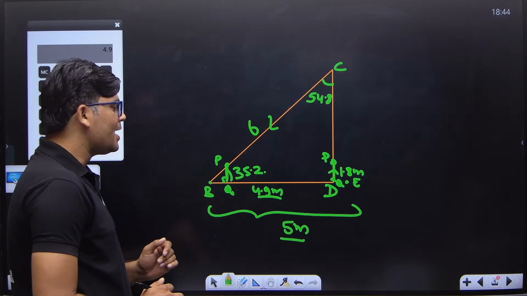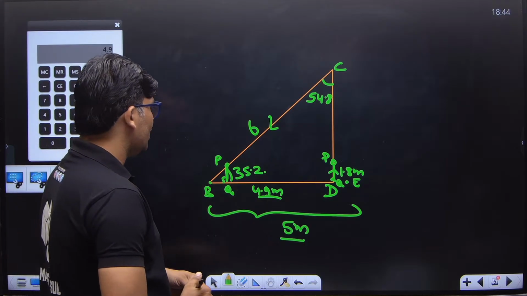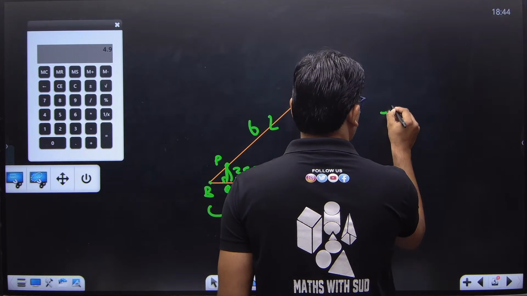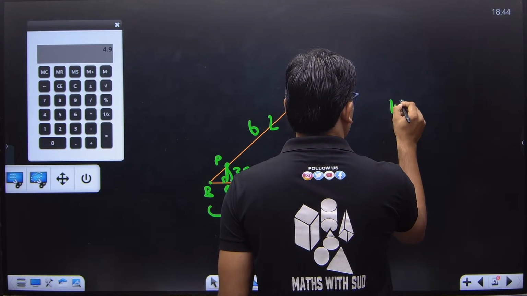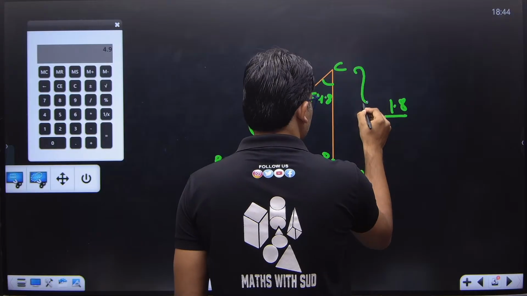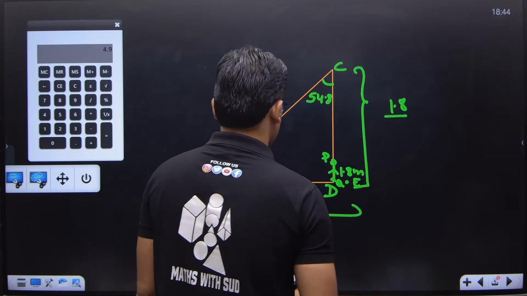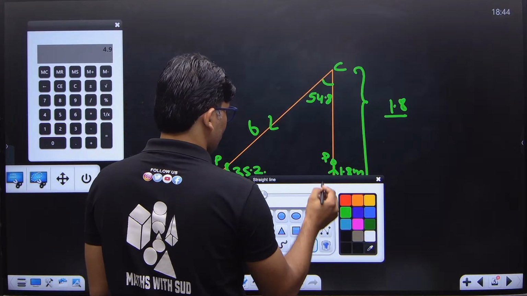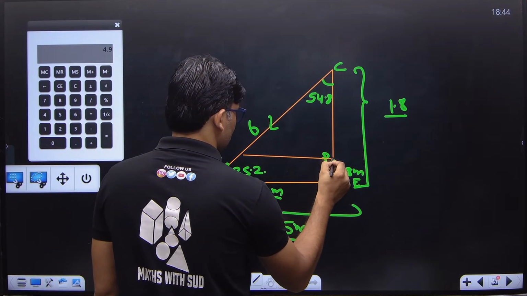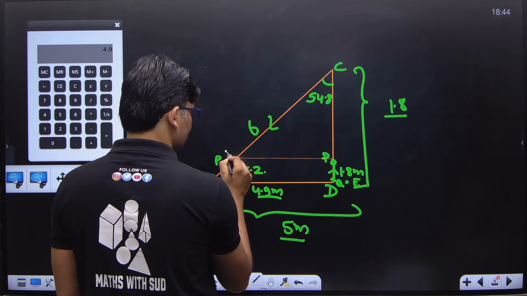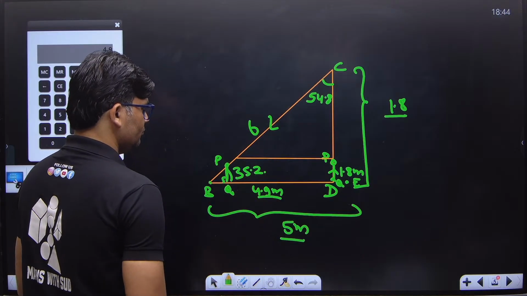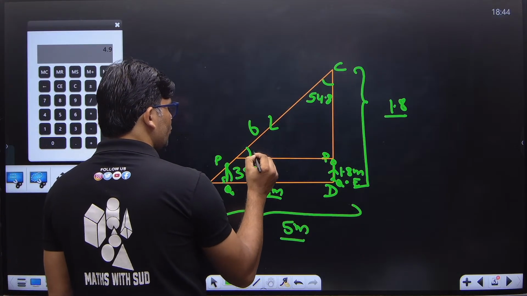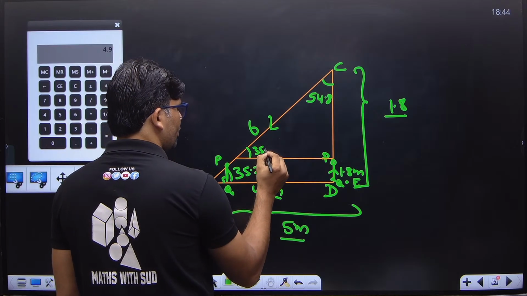And in similar triangles, let us say this is the height 1.8, and let us say this is our height. If I join from here, suppose this is of height this. So this angle again is going to be 35.2 only.